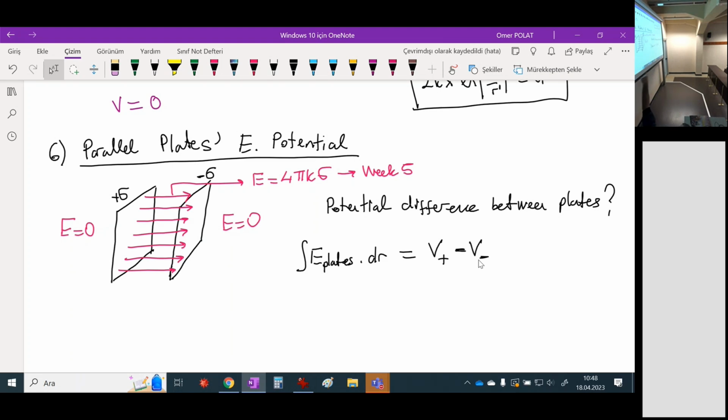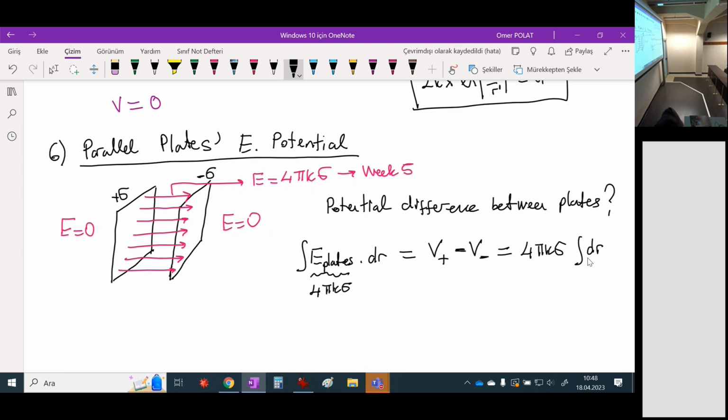So I'm integrating the electric field of the plate, but the electric field of the plate, as you know, is constant. This is the constant field, 4 pi k sigma. So I can take this electric field out of the integral. So 4 pi k sigma times integral dr. What does it mean, integral dr?